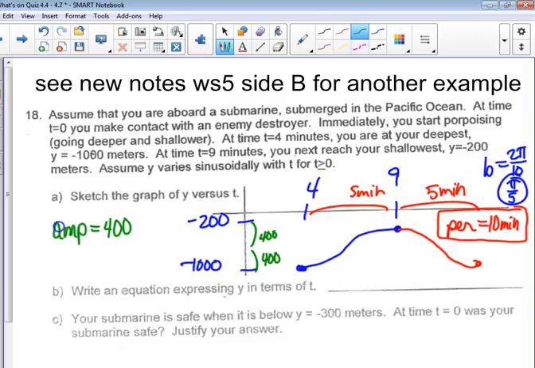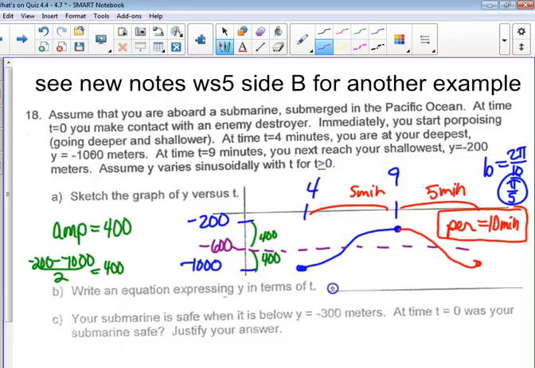It's max minus min divided by 2. So you'd have negative 200 minus negative 1,000, which would be positive 800 divided by 2. Okay, that's the formula if you do it that way. All right, so where's the midline? Anybody? Midline is right through the middle of those two. If you add and divide by 2, you get negative 600.